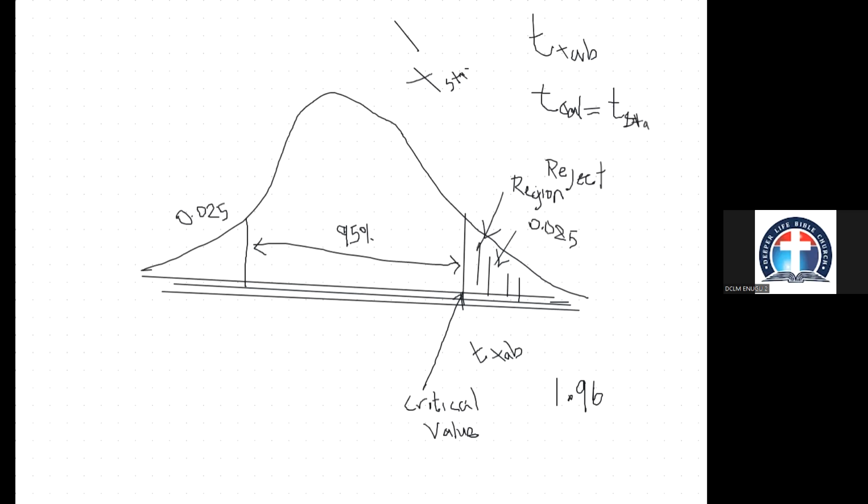Or you can call it T computed, so you call it T com. That's the value for our computed T when we calculate. While this one we got from the table is sometimes referred to as our T tab or critical value.